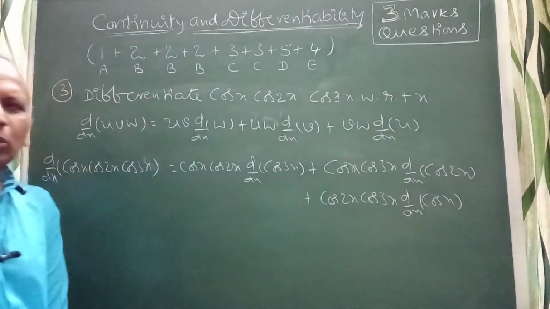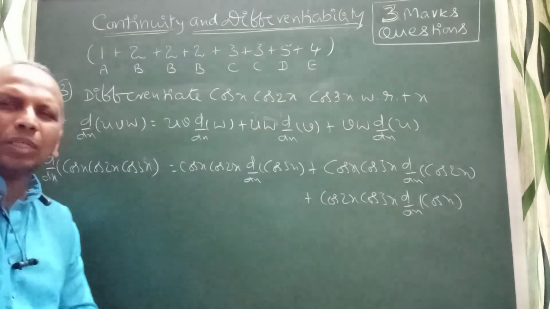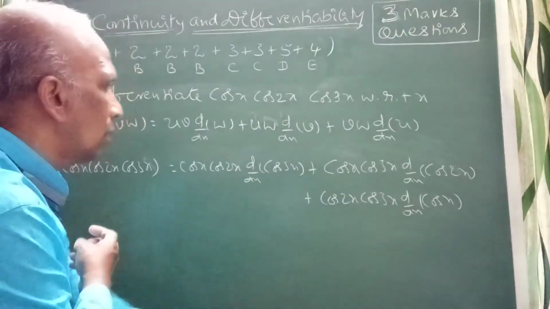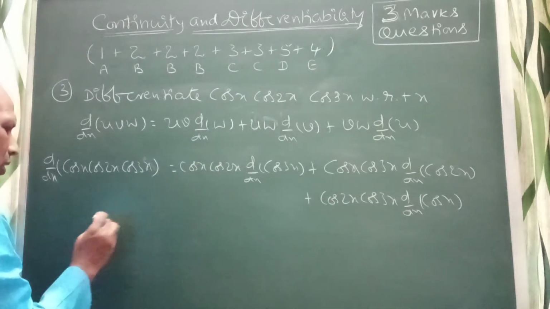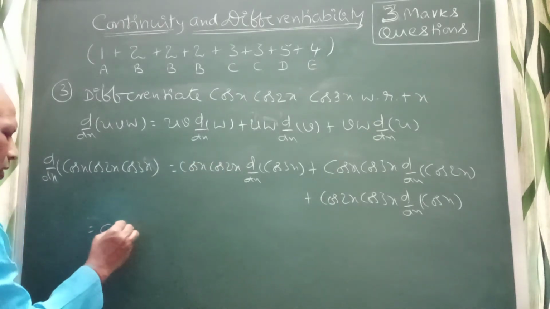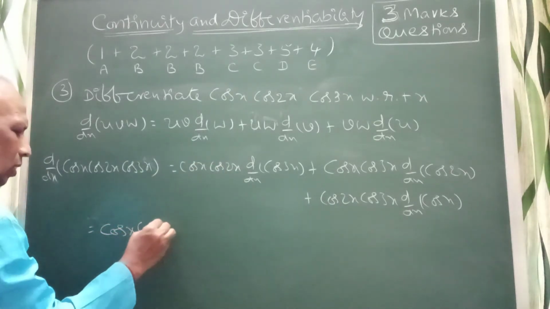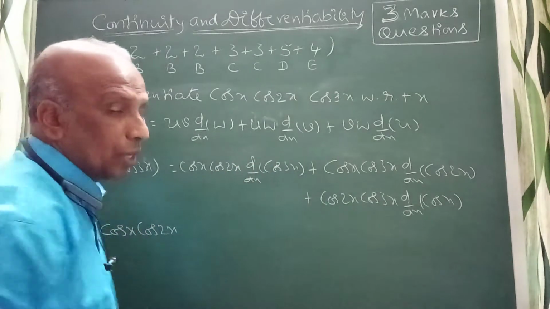Now in this problem it's clear. Which is equal to: cos x into cos 2x, derivative of cos 3x.